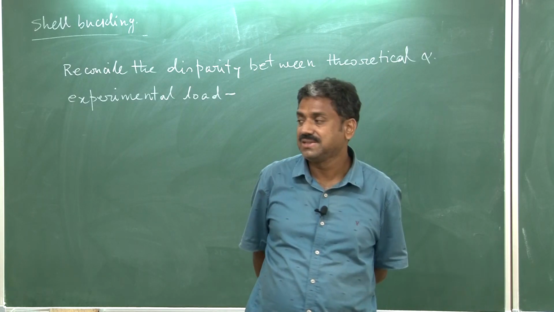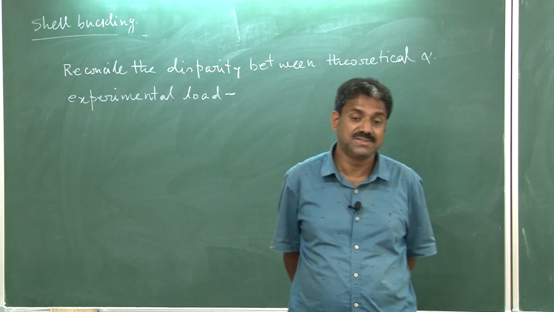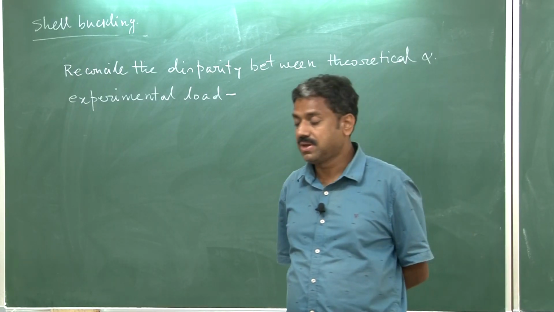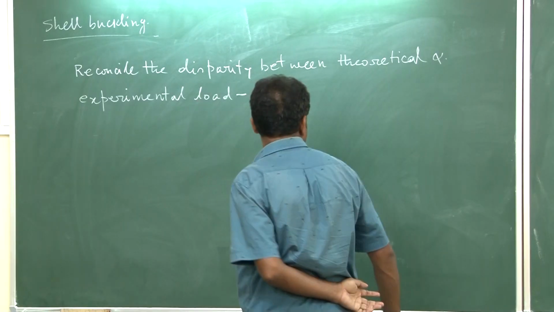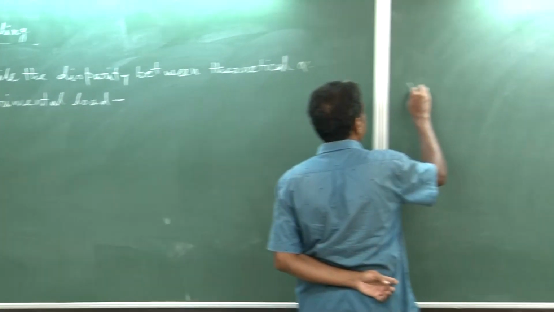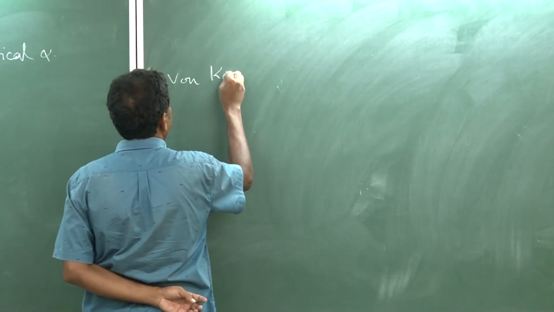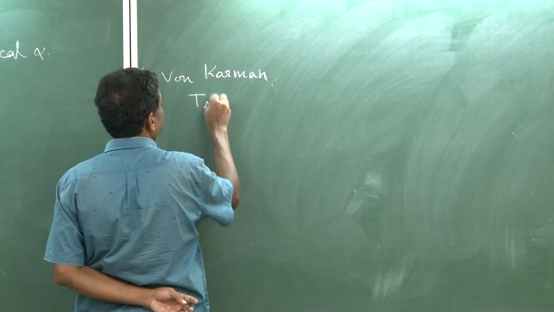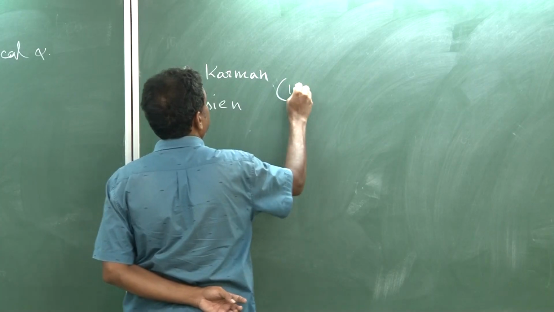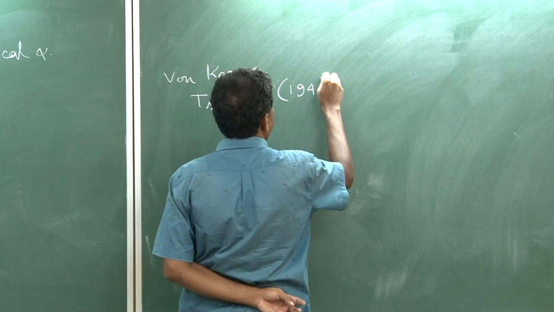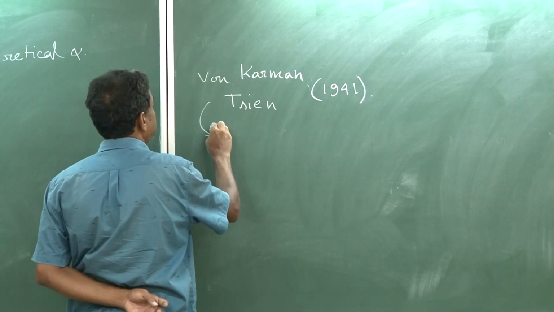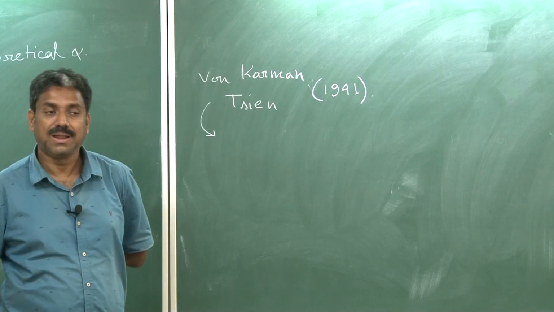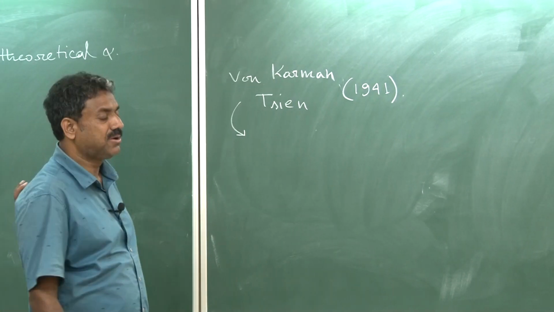So, the first analysis that was proposed to explain this fact was a paper by von Karman and T. Tsien, I think in 1941, and then they explained this phenomenon. After that, there was subsequent work by others.